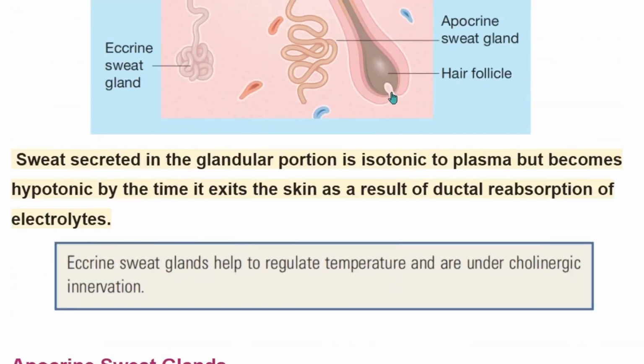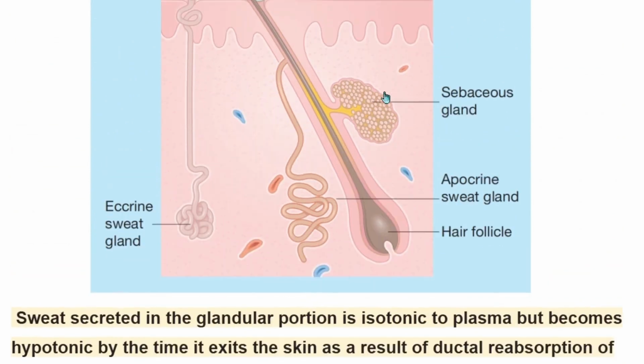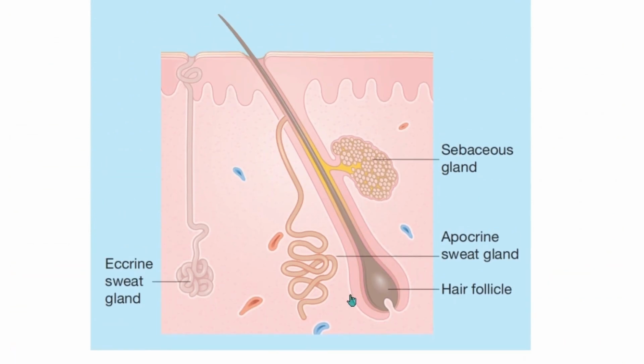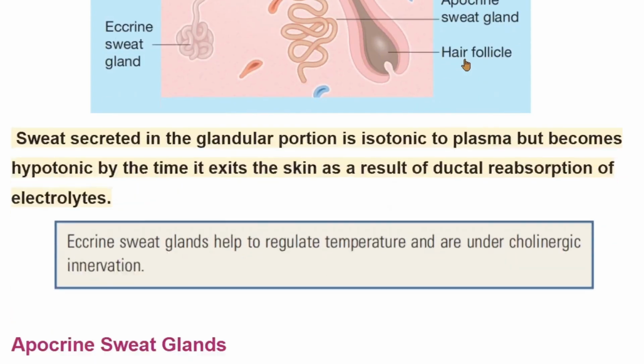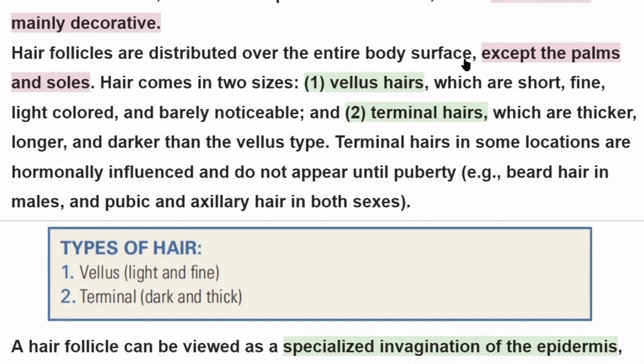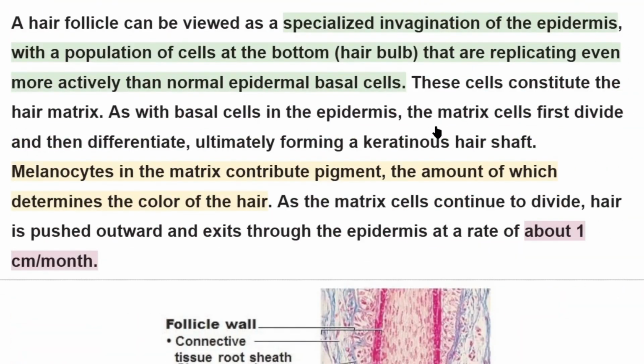As we said, the cells of the hair follicle are more active than the cells in the epidermis layer. These cells constitute the hair matrix. As with basal cells in the epidermis, the matrix cells first divide and then differentiate, ultimately forming a keratinous hair shaft.